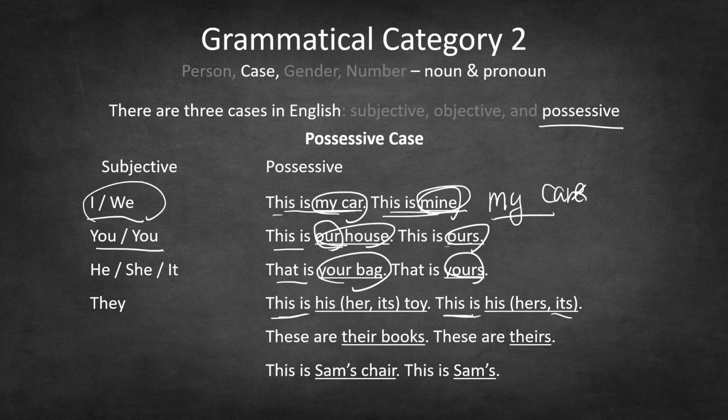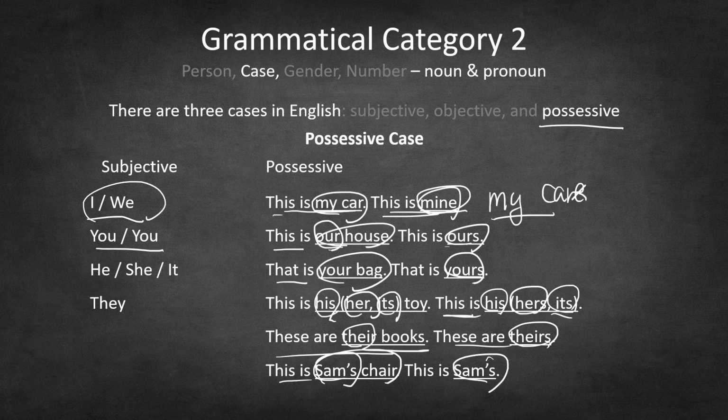Okay, the only difference in the third person singular is her, hers. But his toy becomes his. Its toy becomes its. Their books. These are their books. These are theirs. This is Sam's chair. Now, when you have a person's name, just put the person's name plus apostrophe S.